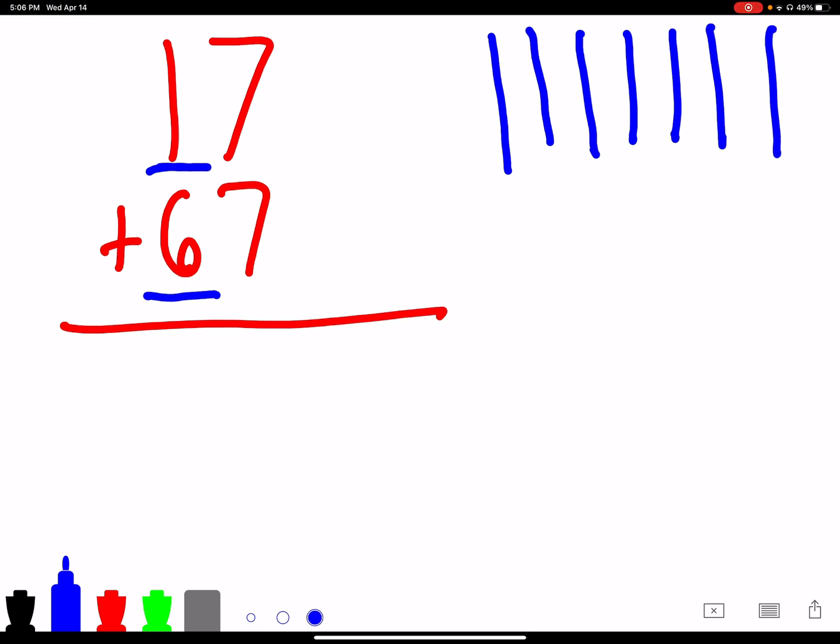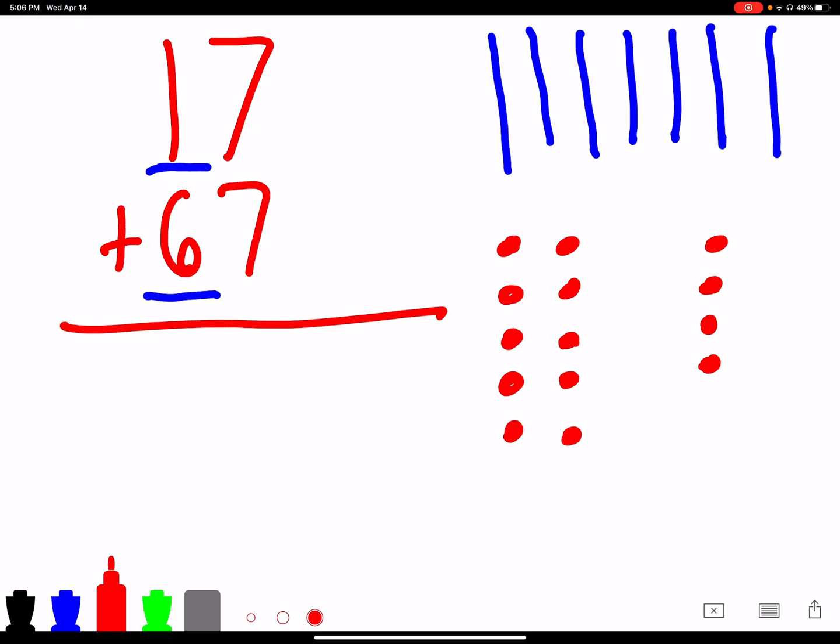And then I'm going to add my ones place. So we have 7 and 7. I'm going to draw 1, 2, 3, 4, 5, 6, 7. But then I have an additional 7. 1, 2, 3, 4, 5, 6, 7.